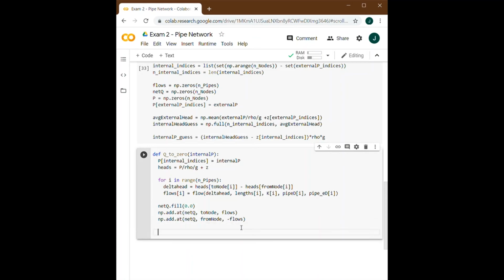So now that we have all that, we can return our net Q for our internal indices. After running this function, we'll get our net flow rate through our internal nodes of 1 and 2.